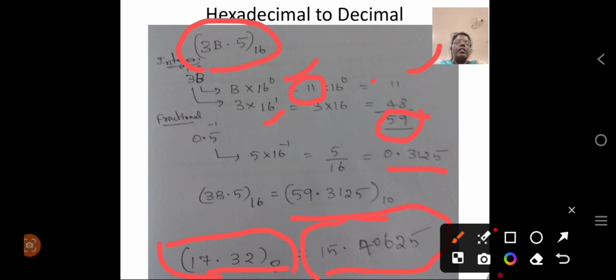In the integer part, 7 must be multiplied with 8 power 0, and 1 must be multiplied with 8 power 1. So 1 into 8 is 8, and 7 into 8 power 0 is 7 into 1, which is 7. So 8 plus 7 will give 15. In the same way, the fractional part 0.32 can be converted to 0.40625 in decimal.